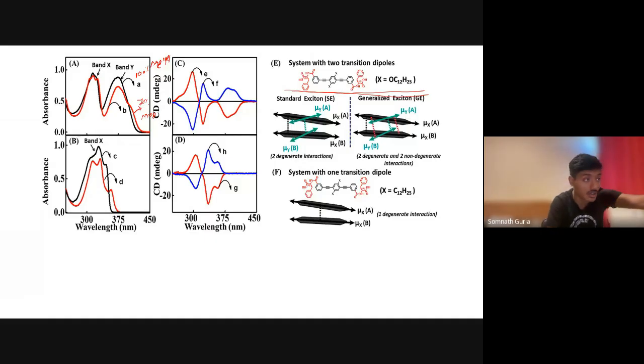From this amide bond to this amide bond, there is no chiral center over there. The only chiral center present is not showing any chirality, because of this black trace, which is not active in CD spectra.